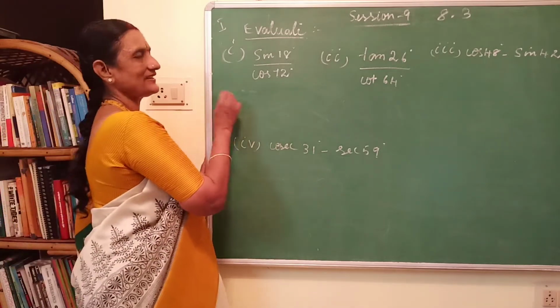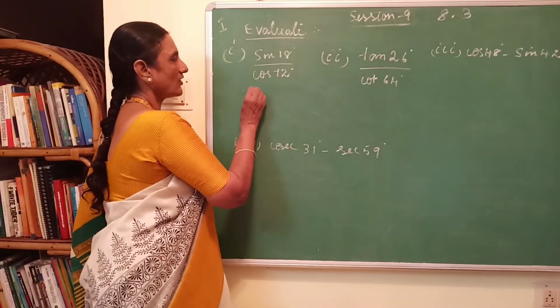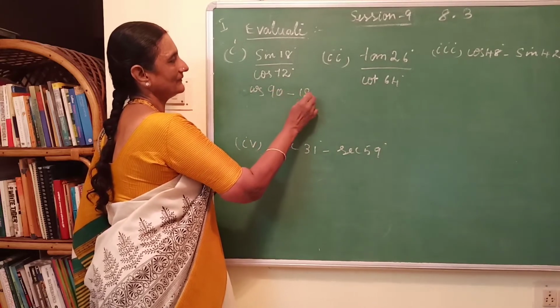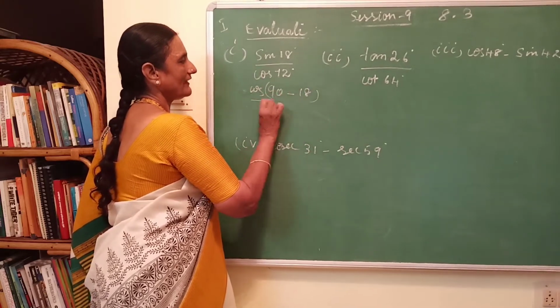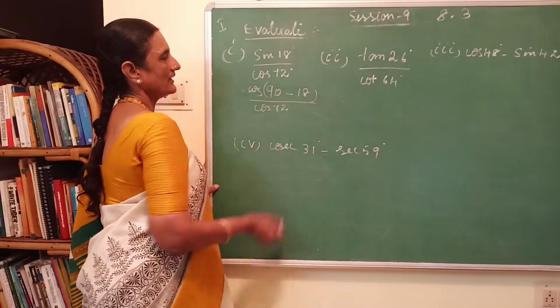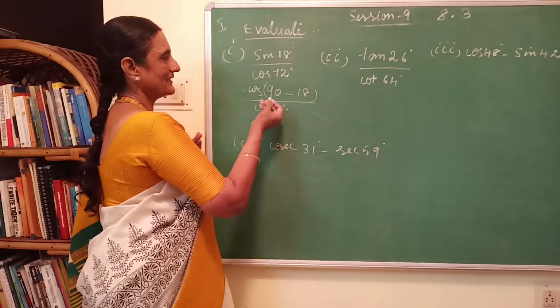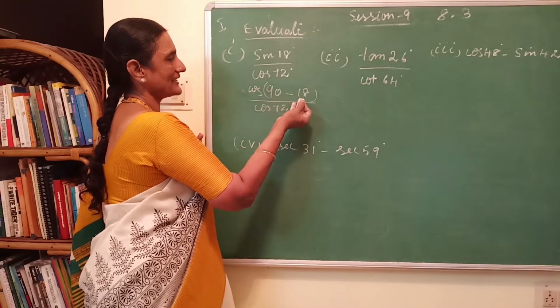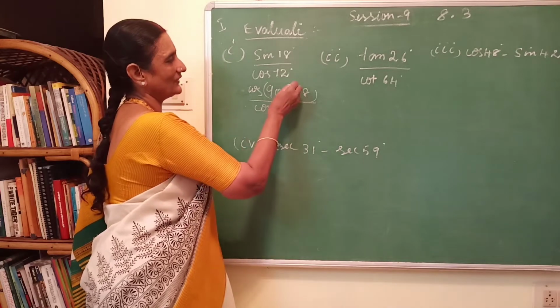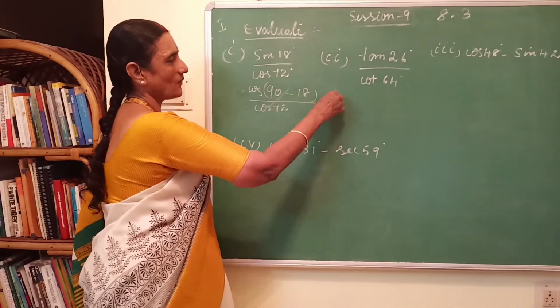So sine 18 can always be written as cos of 90 minus 18, divided by cos of 72. So if you write like this, here cos of 90 minus 18 is cos 72, and cos 72 cancels, that gives you the answer 1.